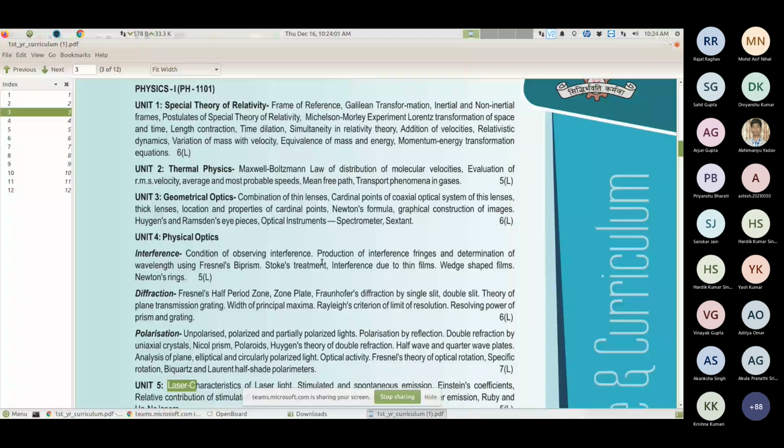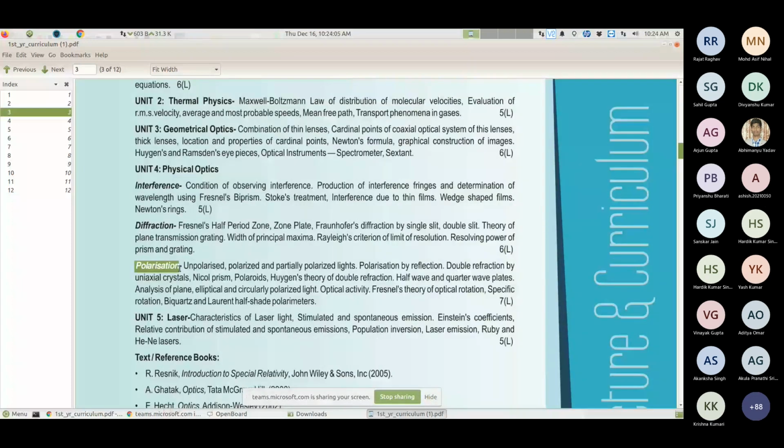Like this polarization, it has a very good application. It's difficult to find pure sugar. Can you identify pure and impure sugar?